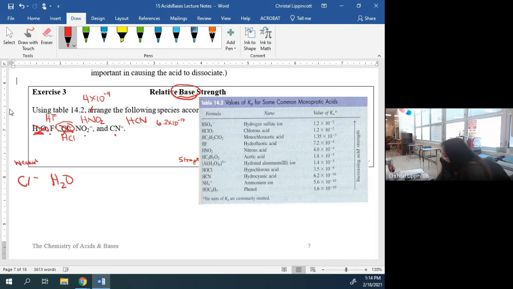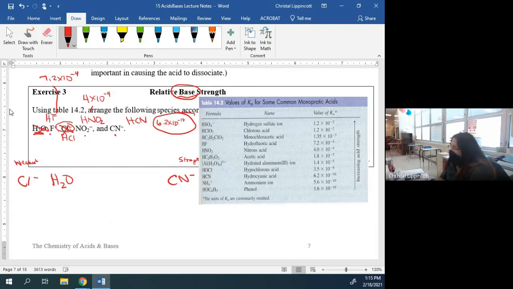It is 7.2 times 10 to the negative 4. So we are going to order these from biggest to smallest. This is obviously the smallest of these. We can look at the exponent on the 10. So we know that CN is going to be our strongest base because our weakest acid is our strongest base. Does that make sense?